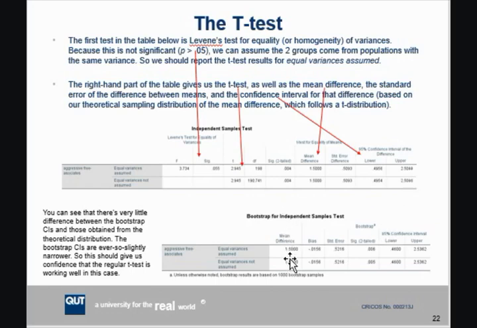Our bootstrapped output looks pretty much identical, except that what we have now is our bootstrapped confidence intervals for the difference between those means. You can also see here that we have two lines, one where Levene's has not been breached and one in the case of Levene's being breached and our homogeneity assumption not being intact.